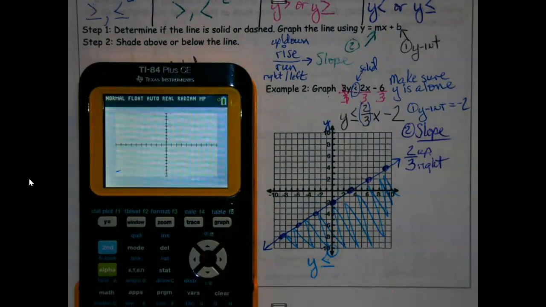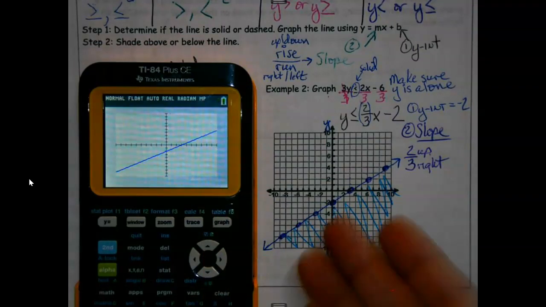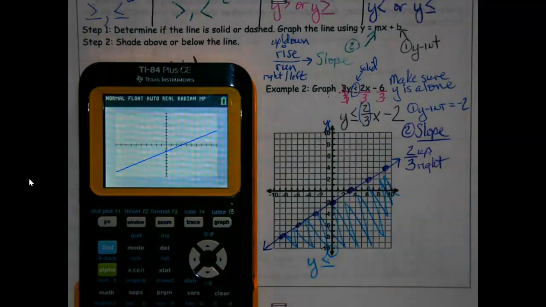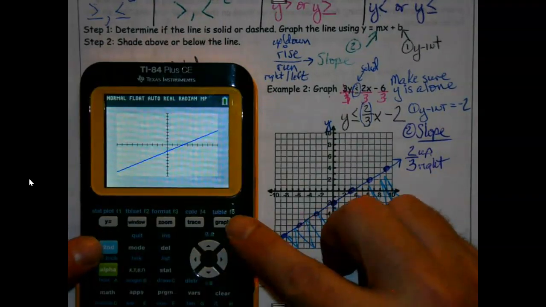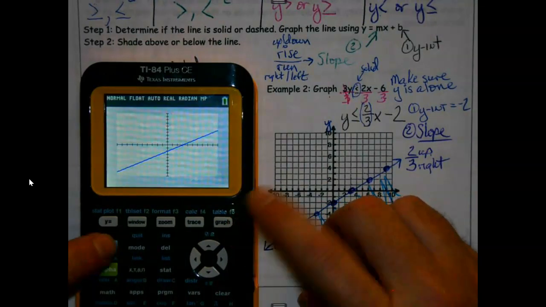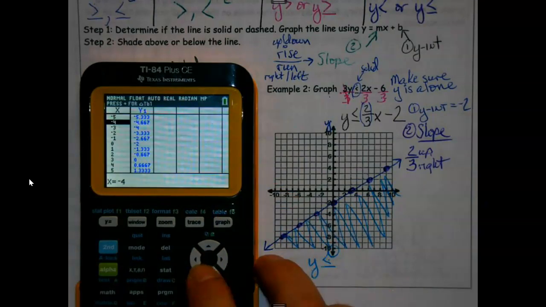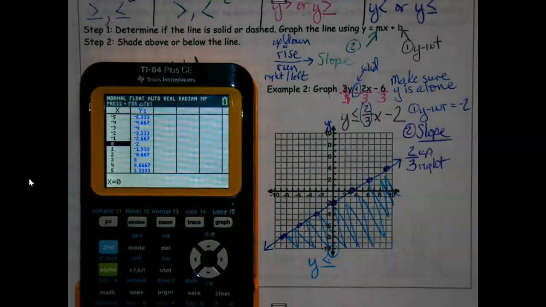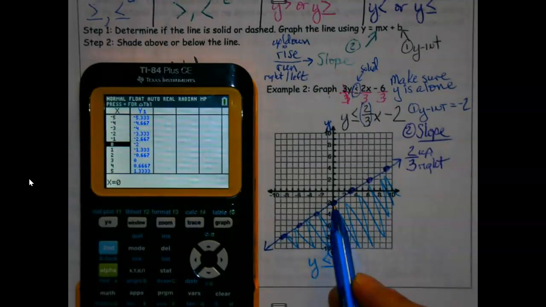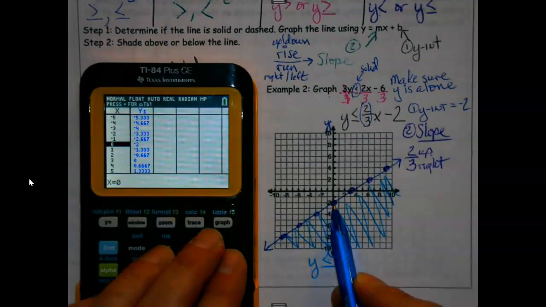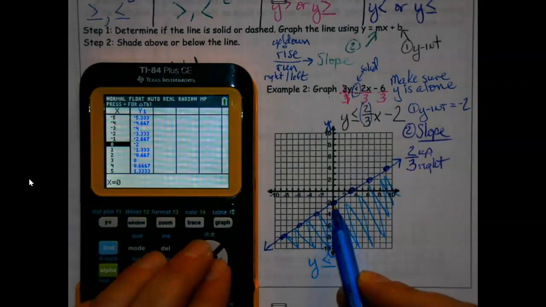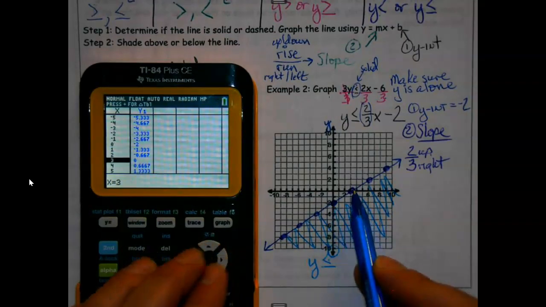I can look at it and I'm like, yeah, that kind of looks like this. But how does that help me graph it? If I look at the table, the blue button, second and graph, check this out. I don't need all the decimal numbers. There is (0, -2), (3, 0).